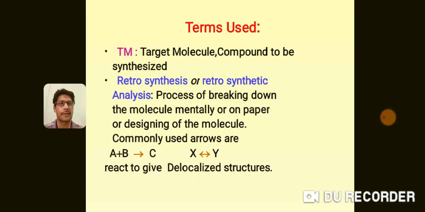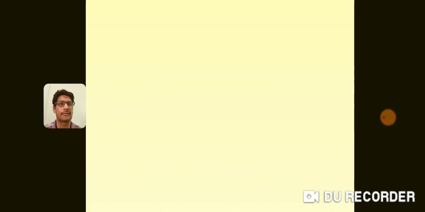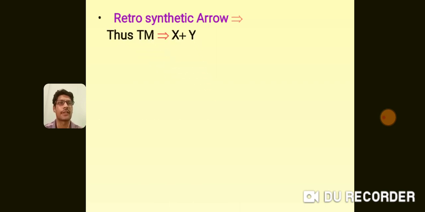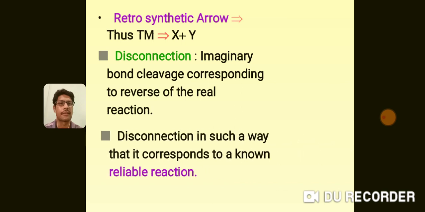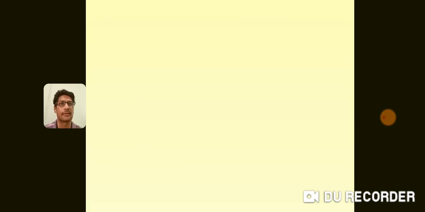For example, if C has to be prepared, then we have to go for A and B, which react to give C. This is the retrosynthetic arrow. Disconnection is an imaginary bond cleavage corresponding to the reverse of the real reaction. The disconnection should be made in such a way that it corresponds to a reliable reaction, or it may be a name reaction.